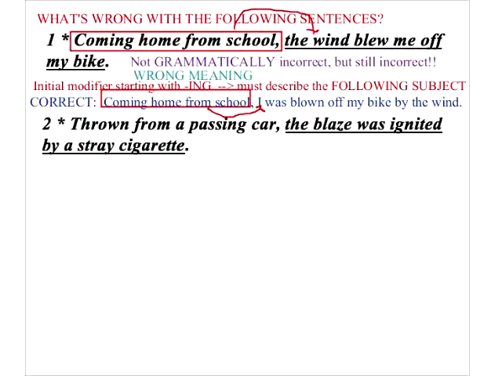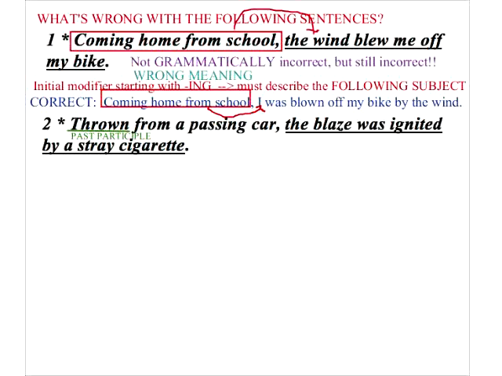you have an initial modifier, thrown from a passing car. This kind of thing here, thrown, is what is called a past participle. If you don't know what past participles are, you may want to look that up with a Google search or other such tool.